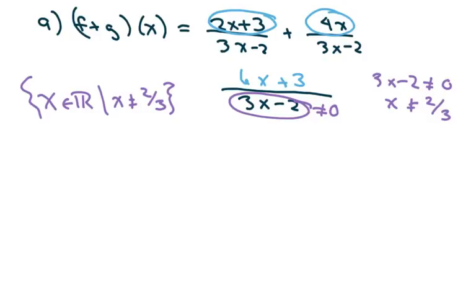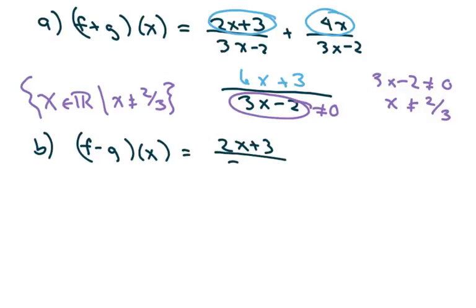Now, when we subtract, we're going to get f minus g of x. So that's going to be (2x plus 3) over (3x minus 2) minus 4x over (3x minus 2).